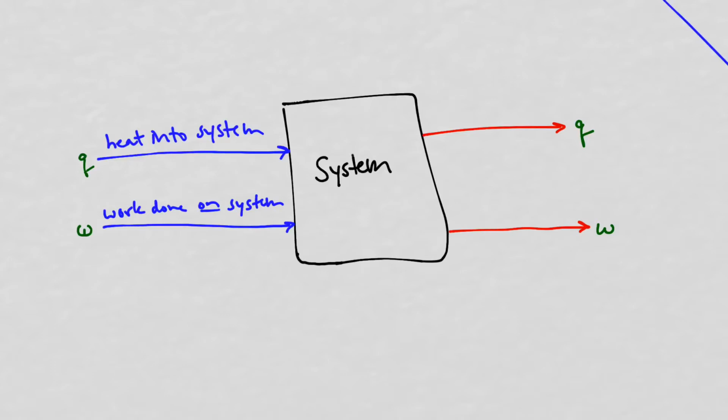The Q on the top on the other side, so I'm sure you can imagine, would be heat out of the system. And this W would actually be work done by the system. The blue arrows involve the energy of the system increasing. The red arrows involve the energy of the system decreasing.